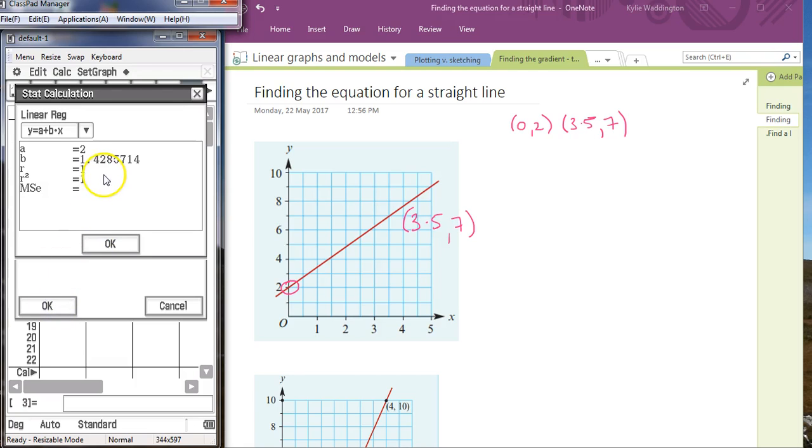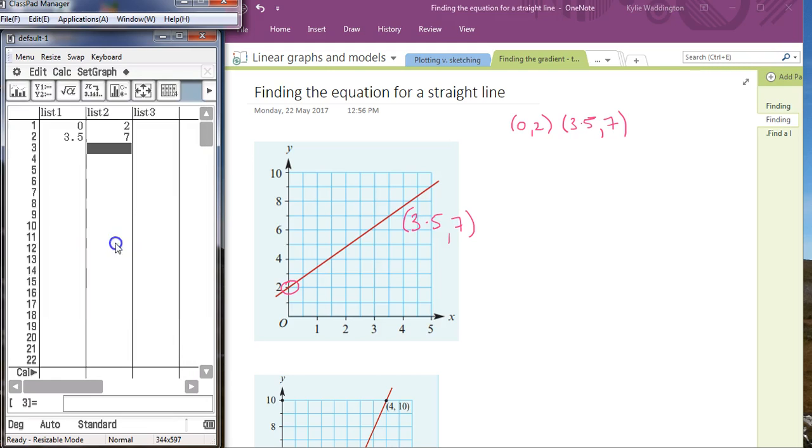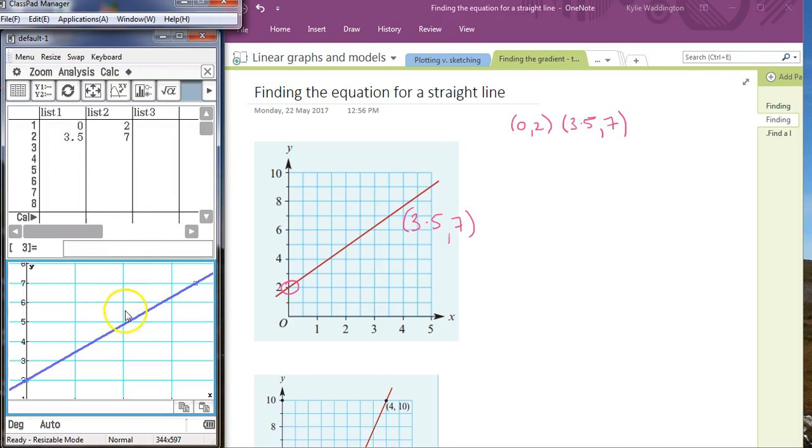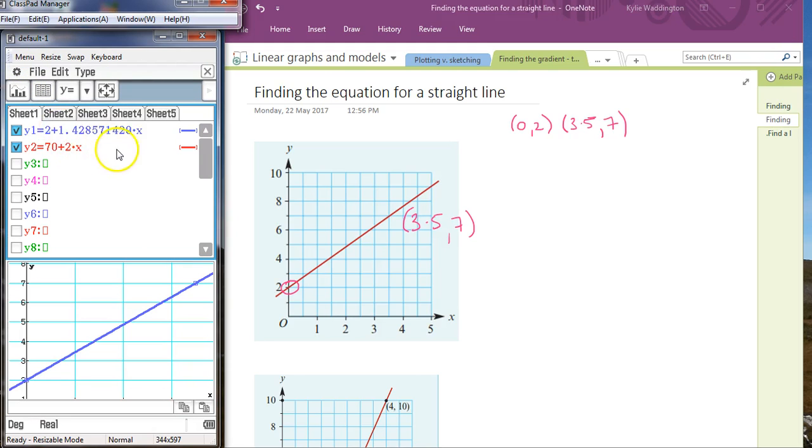Push OK. Now, A is our intercept, which we know, 2. B is going to be the gradient, 1.43. But that's a bit hard to remember, so we're going to push OK. It's going to draw it for us. We then go into this little icon here with the y1, y2 on it, and look to see that our equation has been put into it.